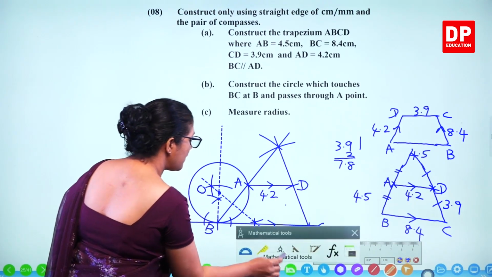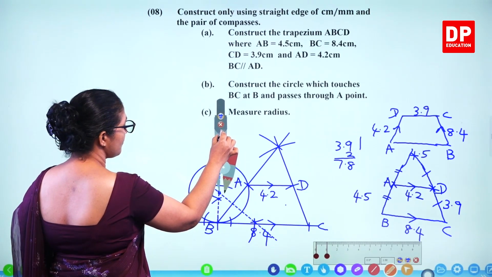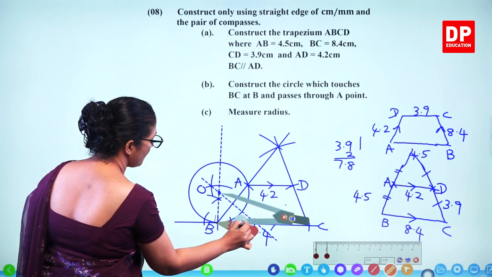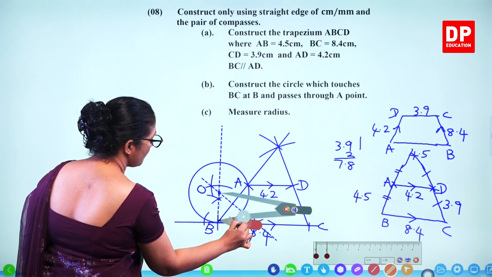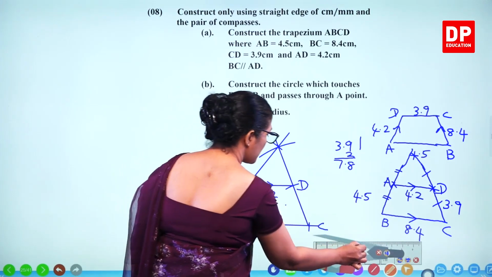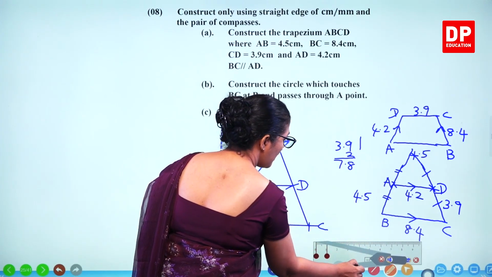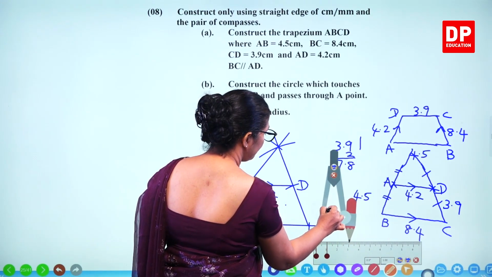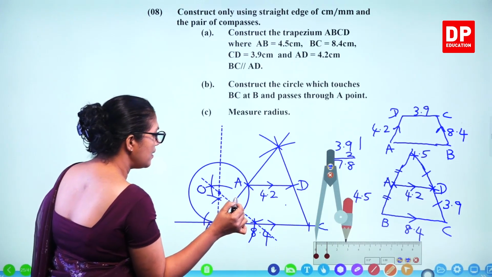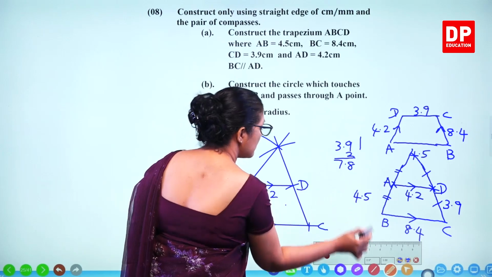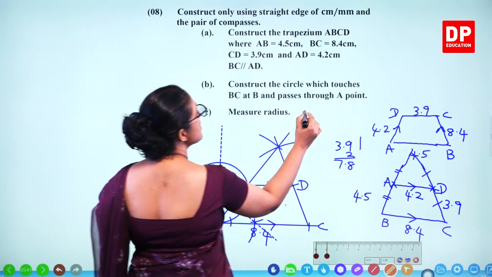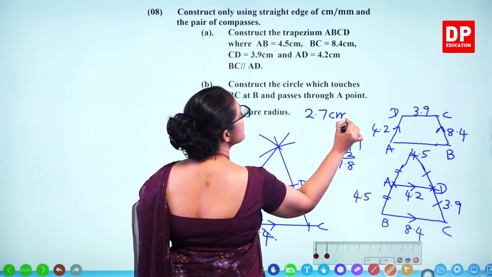So this is the radius and we'll keep it on top of the ruler and measure it. So you get 2.7. You can get a closer value, 2.7 centimeters. So the radius is 2.7 centimeters.